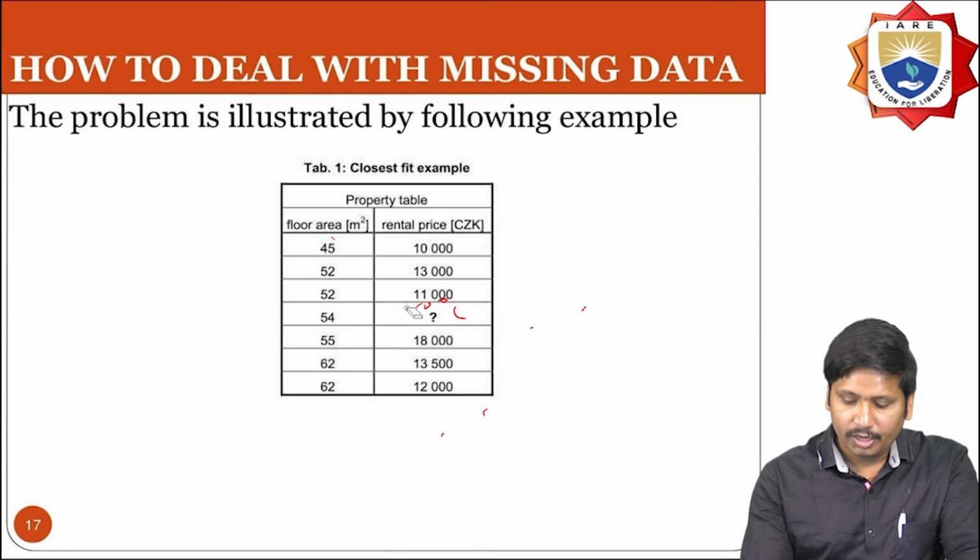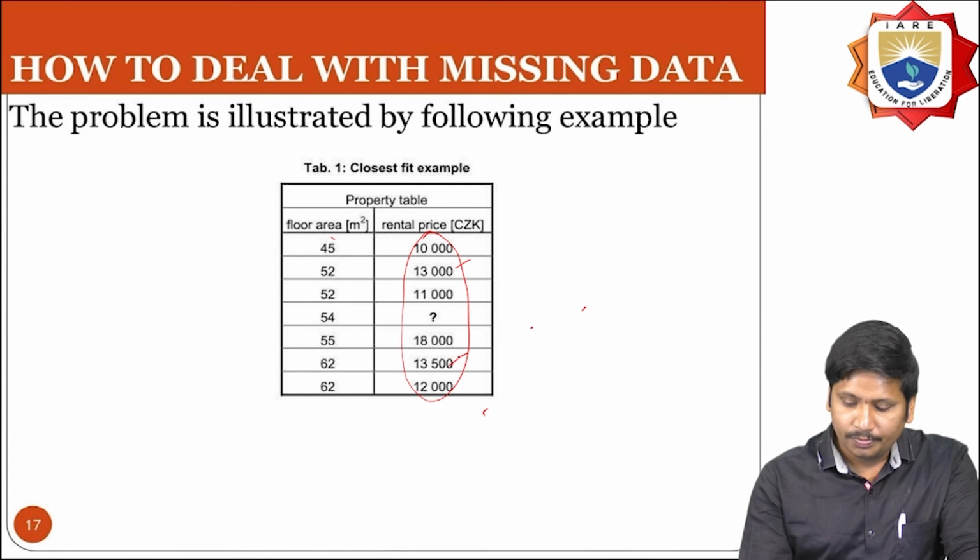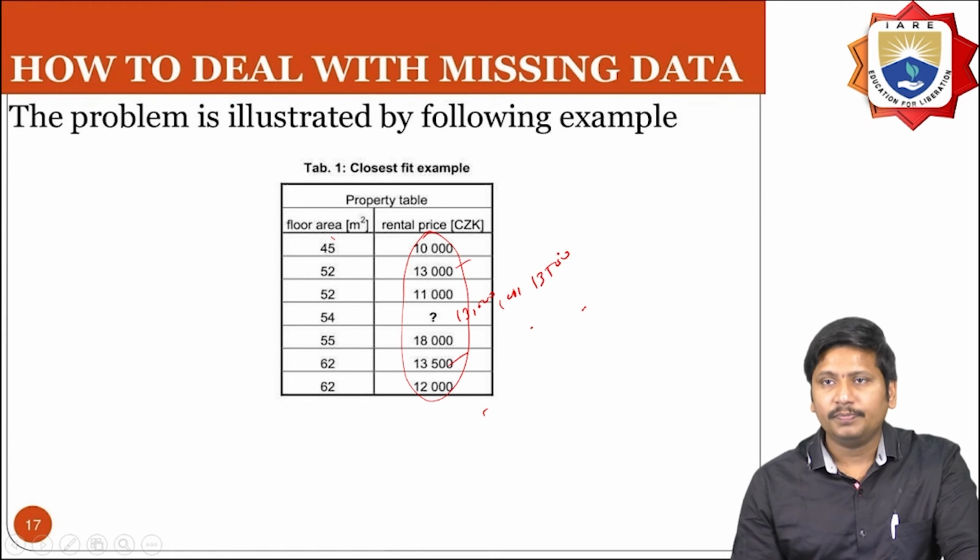And what is the other way here? I can fill the value with the most common value. The most commonly occurring values here are 13,000 and 13,500. So one of these is going to be filled here. Either I can fill it with 13,000 or I can fill it with 13,500.